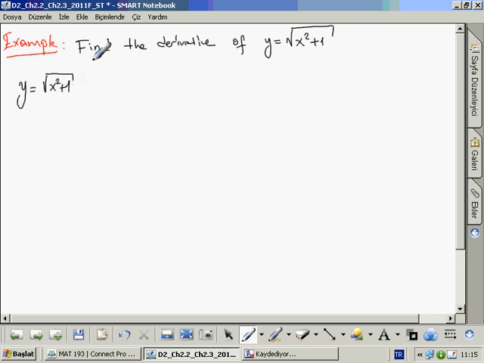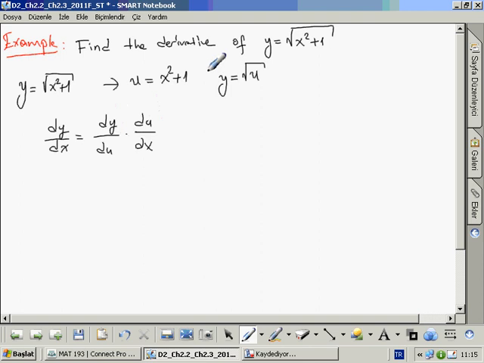We can assume that u equals x squared plus 1, right? And after that y equals square root of u. We know that del y over del x equals del y over del u times del u over del x.